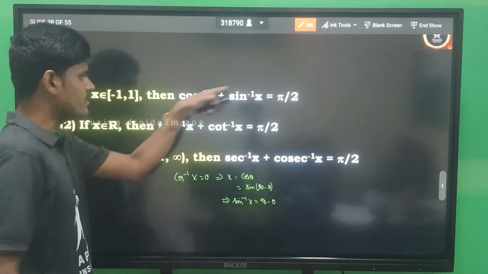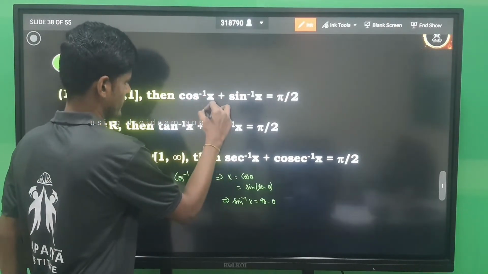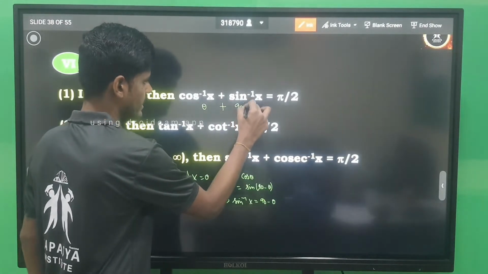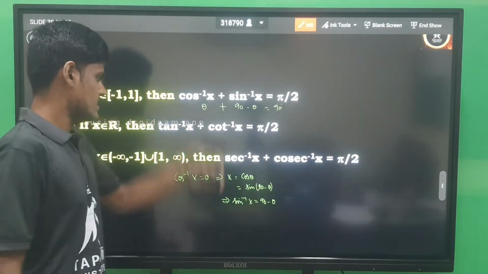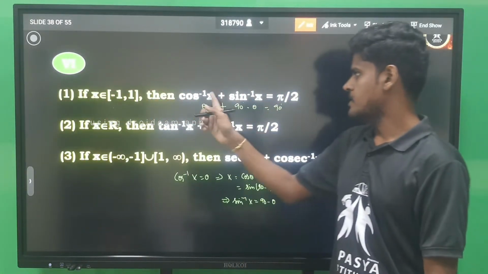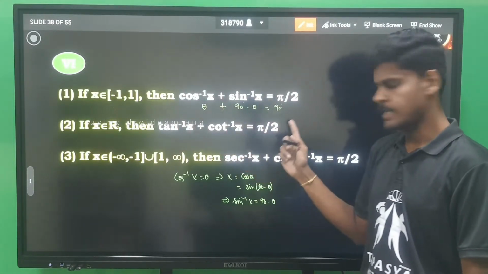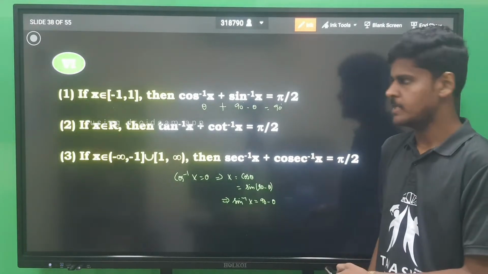Now what is cos inverse x plus sine inverse x? Cos inverse x is theta plus sine inverse x is 90 degrees minus theta. This is nothing but 90 degrees. Same way we can do it for the other two also. So sine inverse x plus cos inverse x is 90 degrees, pi by 2, tan inverse plus cot inverse is pi by 2, secant inverse x plus cosecant inverse x is pi by 2.